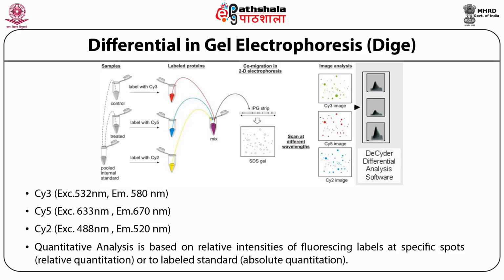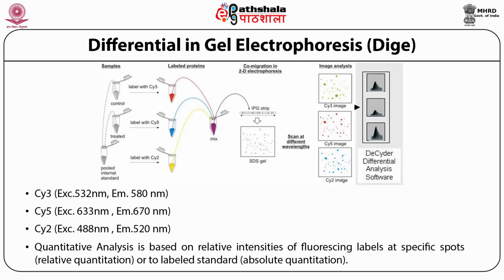Cy3 shows an excitation of approximately 530 nanometer and an emission of 580 nanometer. Cy5 has an excitation of 633 nanometer and an emission of 670 nanometer. Cy2 has an excitation of 488 nanometer and an emission of 520 nanometer. And because of this you will find three images from a single gel.